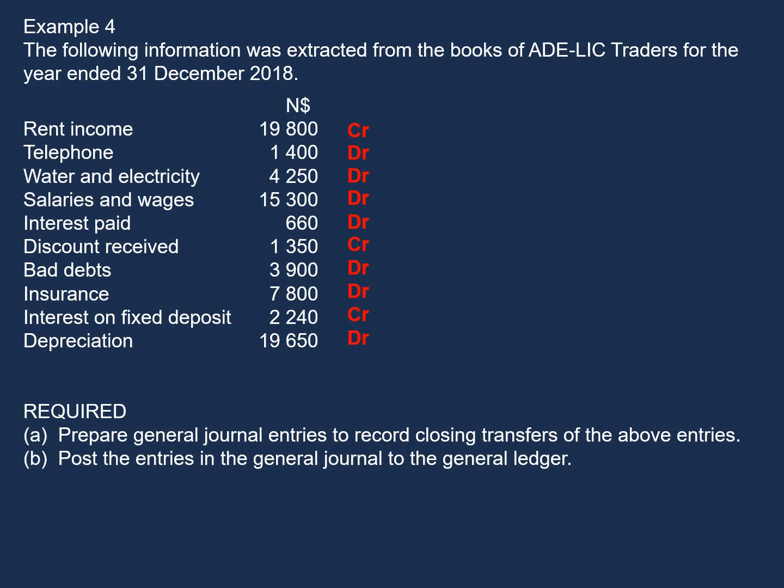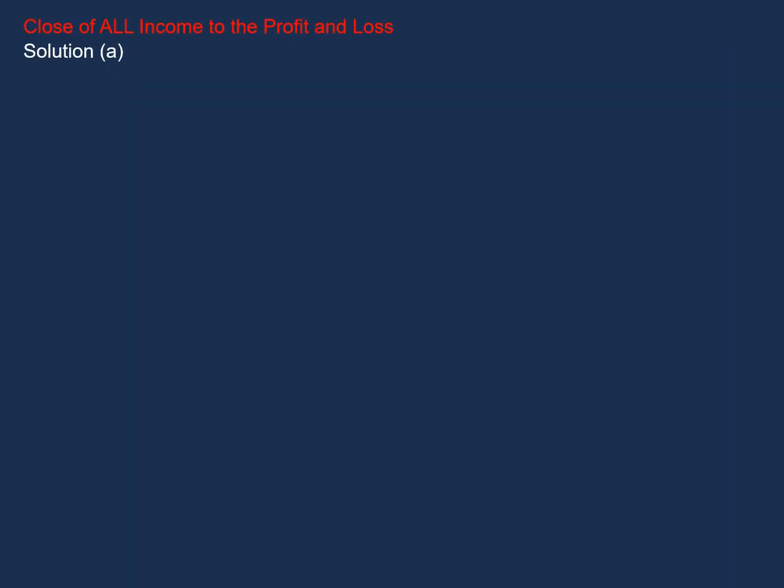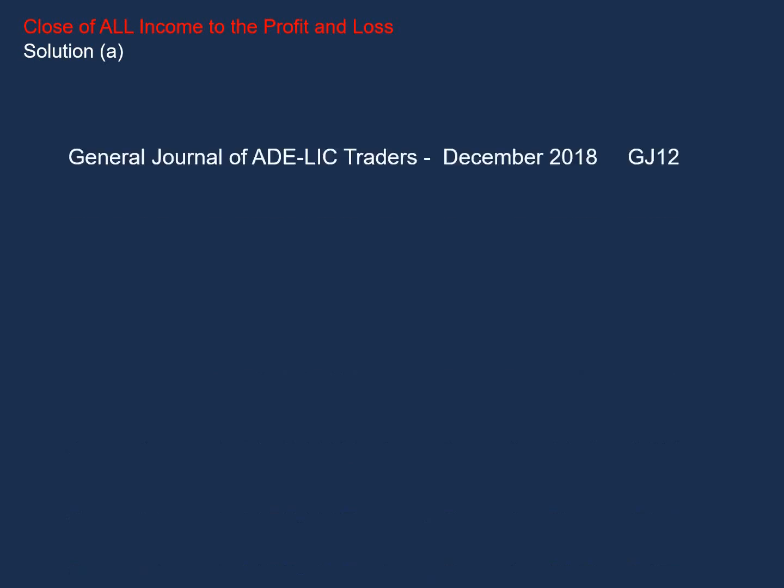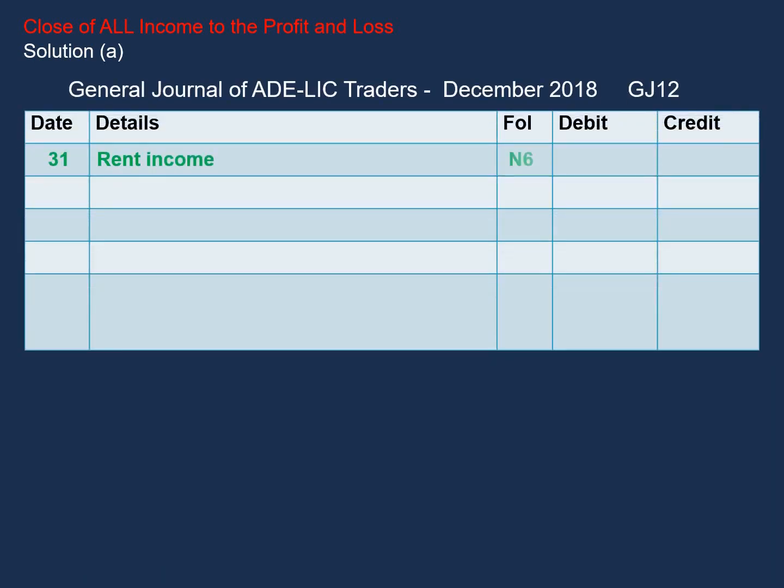Now that we are done with that, let's move on to our solutions. Now first we will close off all income to the profit and loss account. So in our general journal, we will debit our rent income with 19,800. We will also debit our discount received with 1,350, and we will debit our interest on fixed deposit with 2,240.